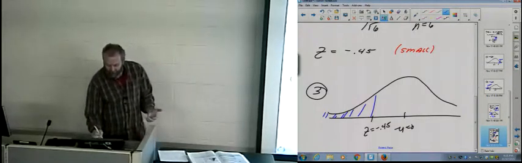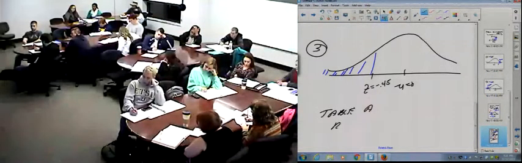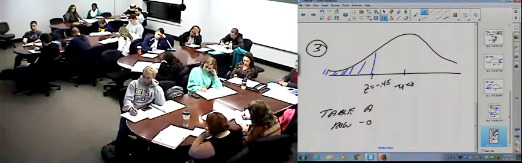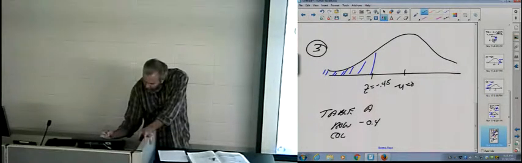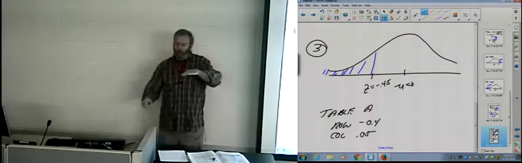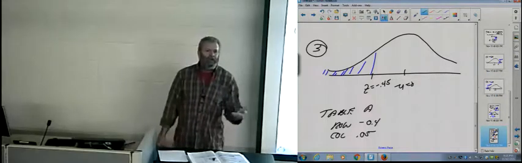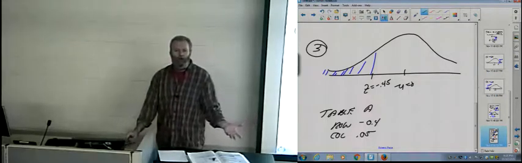So you go to table A. What row am I in? I'm in the negative 0.4 row. The column is 0.05. You're going to find negative 0.4 row, the 0.05 column. You'll read across, you'll read down. You'll get some area under this curve.